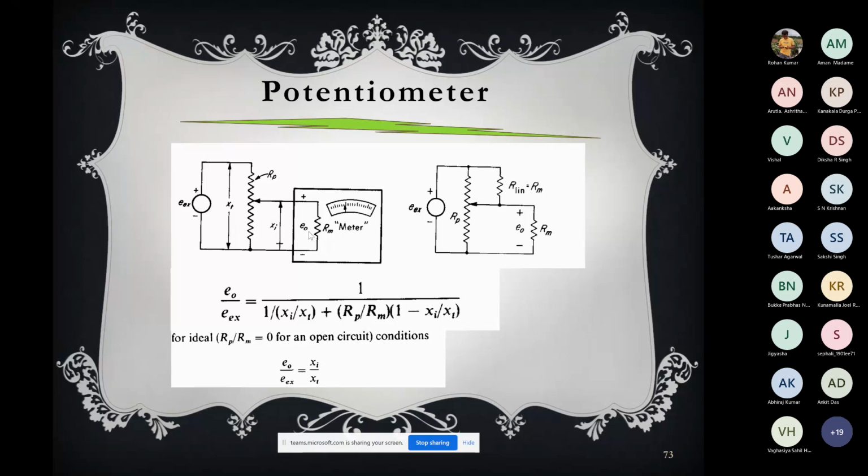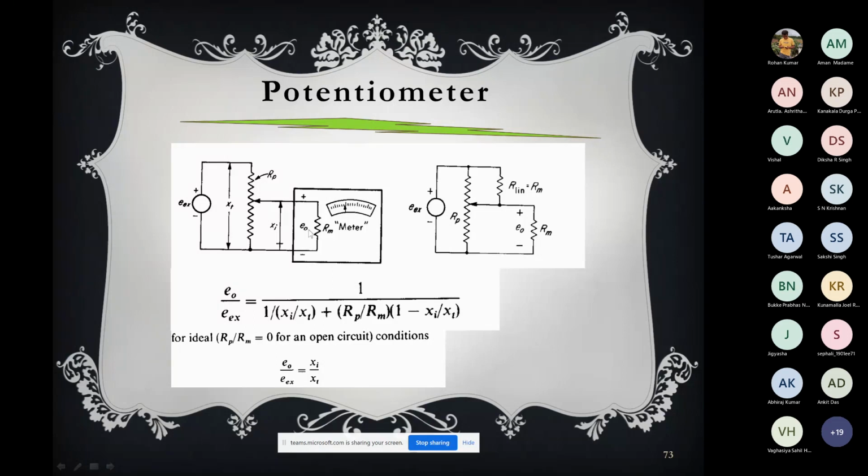So then what is the circuit becoming? The input voltage is applied, it goes to a resistance Rp, and you have a slider whose displacement is Xi, and it has an output E0 going through the meter whose resistance is not infinite, the meter resistance is Rm. Okay.